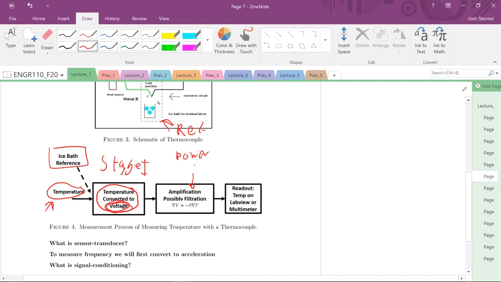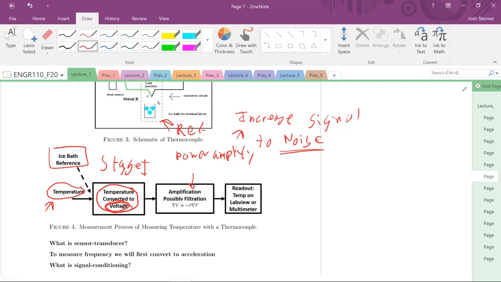Why do we want to amplify our signal? Well, if you amplify your signal, you're going to increase your signal to noise ratio. So if you amplify that signal, you're going to be able to filter out and get rid of some of the noise in your measurements, and improve the quality of your data, the precision, the resolution, et cetera.